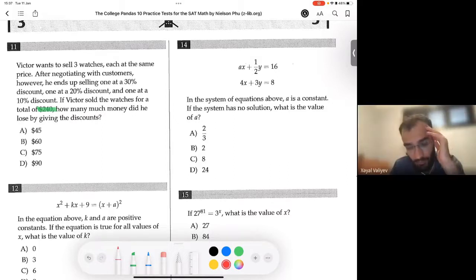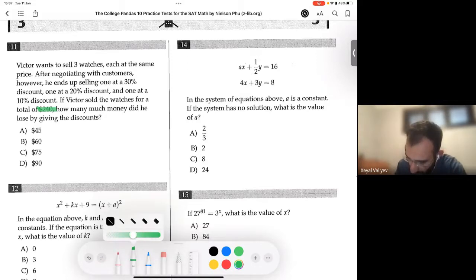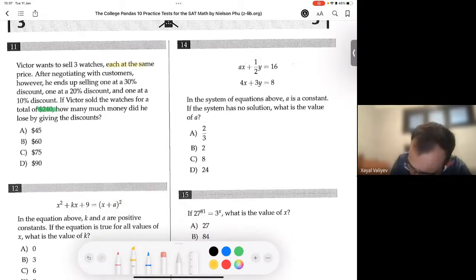Actually, it can work, I think. But here is the crucial information: each at the same price. That means I have three watches, and I'm going to imagine each costs x dollars.